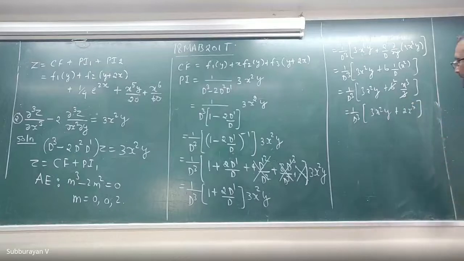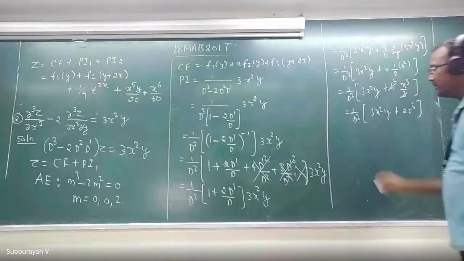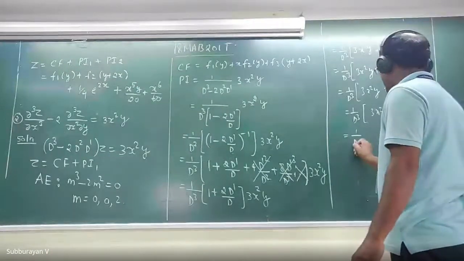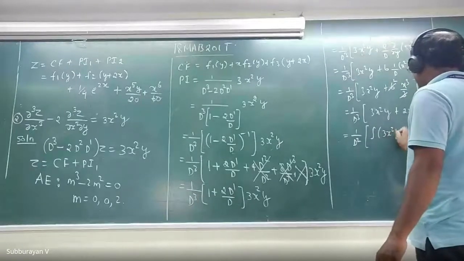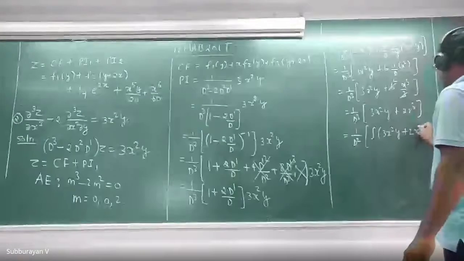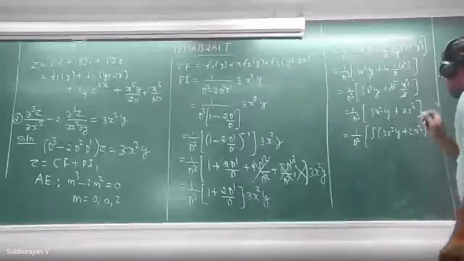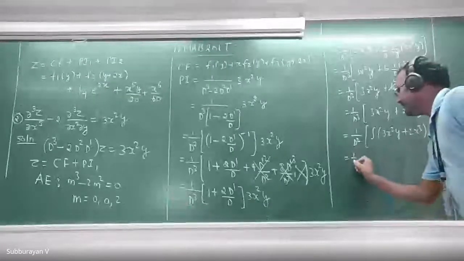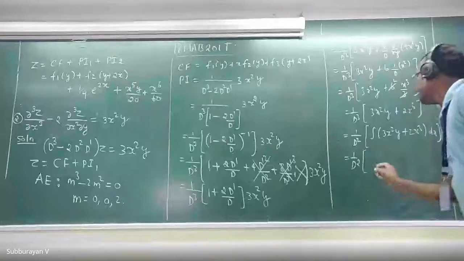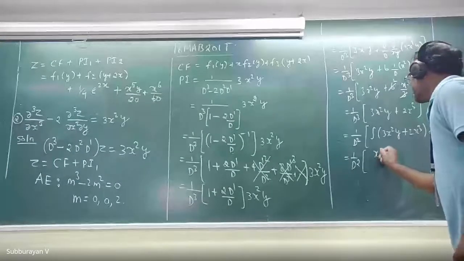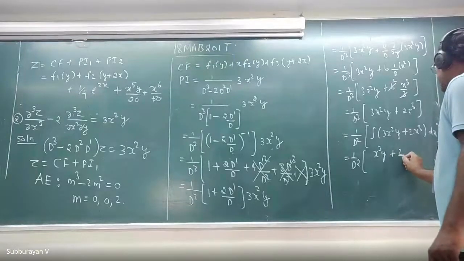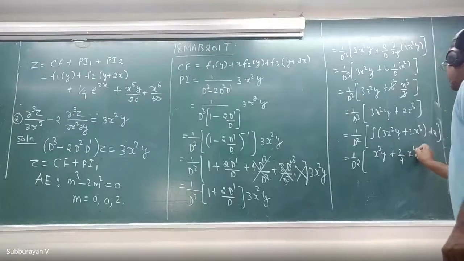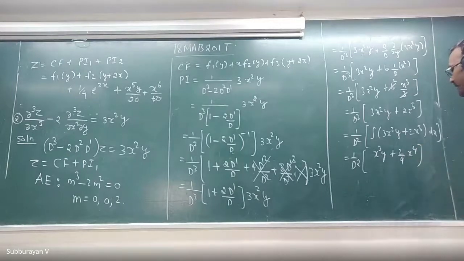Now integrate this expression 3 times with respect to x. That is 1/D² into the integral of 3x²y + 2x³ dx, which is 1/D² into x³y + 2x⁴/4.